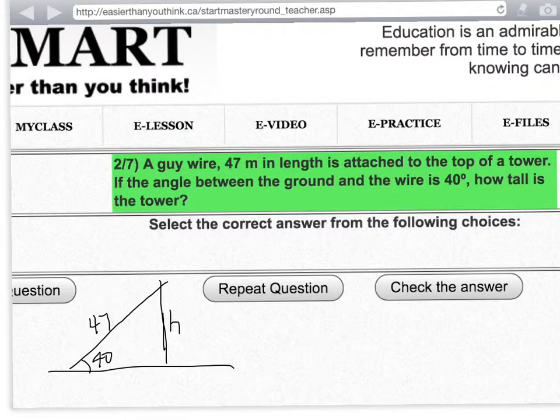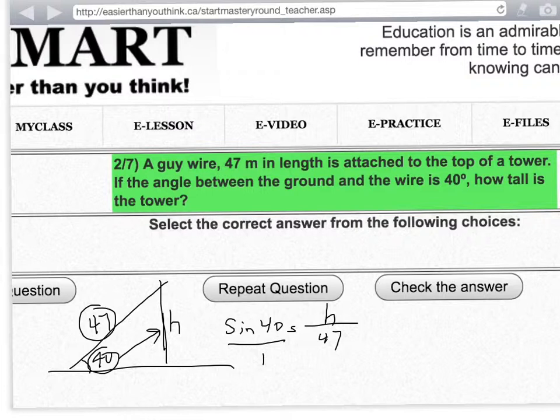Now, I know the angle, I'm looking for the opposite, and I know the hypotenuse. So if you remember SOHCAHTOA, this one is a candidate for SO, which is sine. So I can write sine 40 is height, h, divided by hypotenuse.